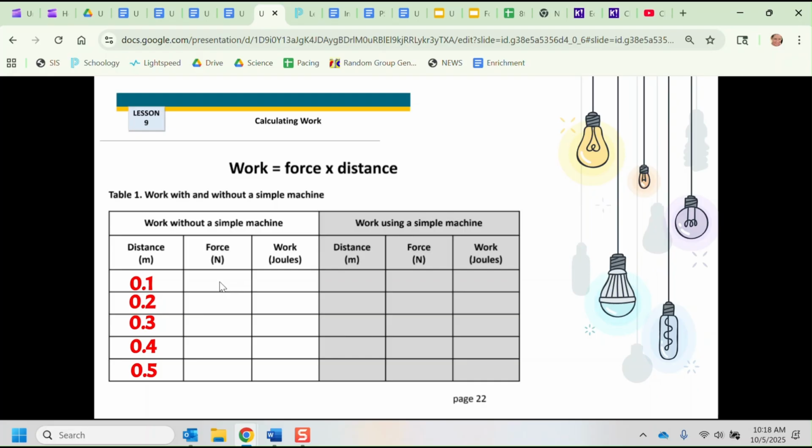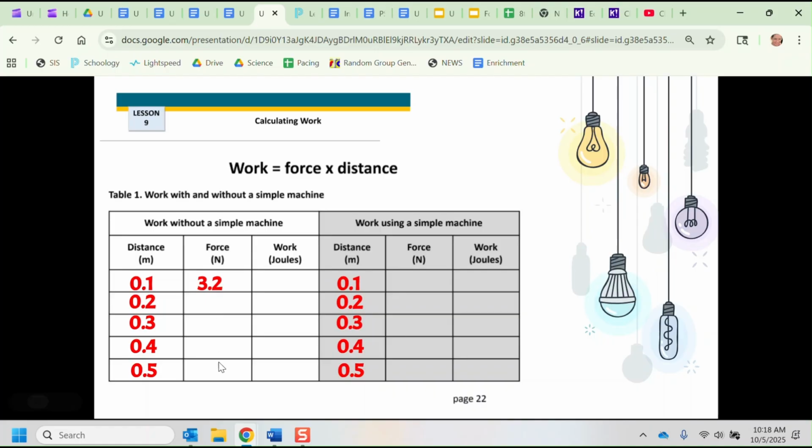It's just its weight. And so we realized we were going to use the same distances for our simple machine as well. For our force coming straight up and down, it was 3.2 newtons. That was our mass in a baggie that we hung from the spring scale, and the force of gravity on that mass was 3.2 newtons.